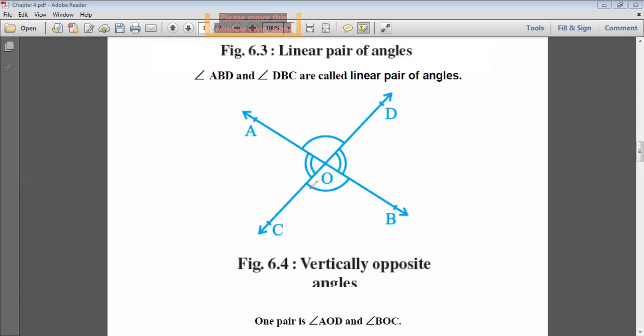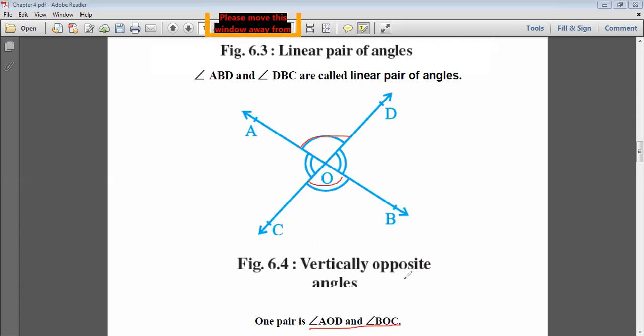And one more thing: in order to notate those angles which are a pair, we will use the same symbols. Here we have used one drawing, and here also we have used one drawing. One pair is angle AOD and angle BOC.